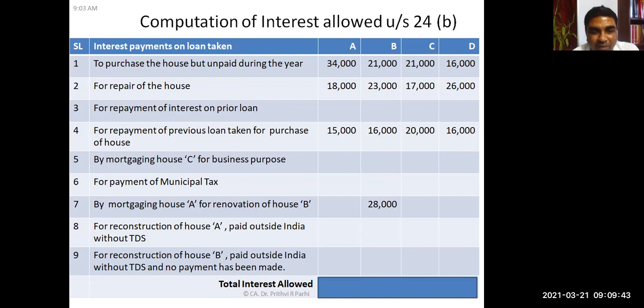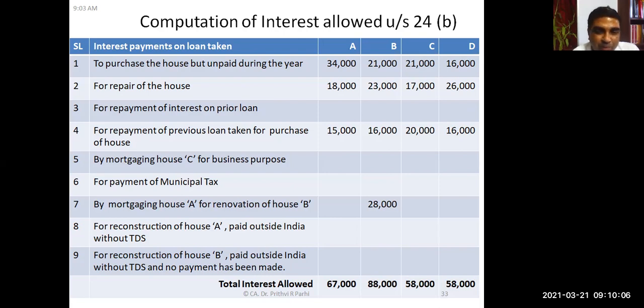No payment has been made means that interest has not been paid. Interest is due. Still it is not allowed. So the total interest allowed is this one per person. I think this interest part is clear.